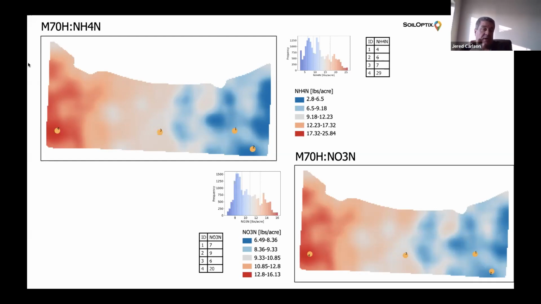I really find this to be extremely helpful. As far as variable rate technology, we know it's there. It's been around for 20 to 25 years. I don't think we're doing enough of it.